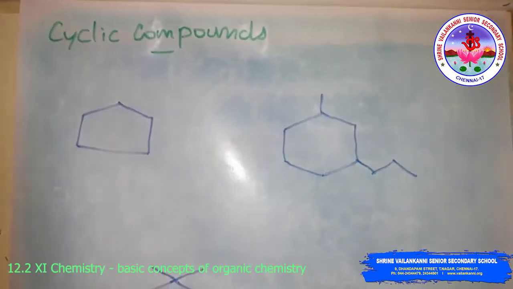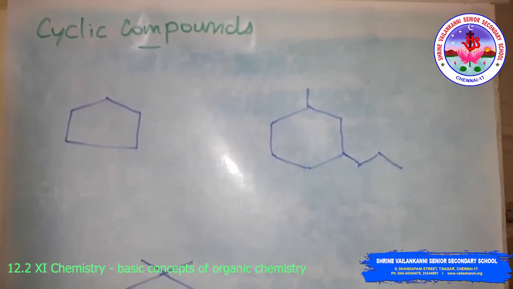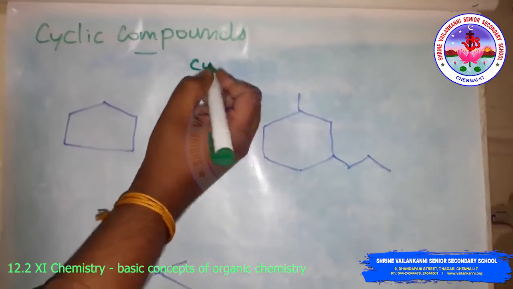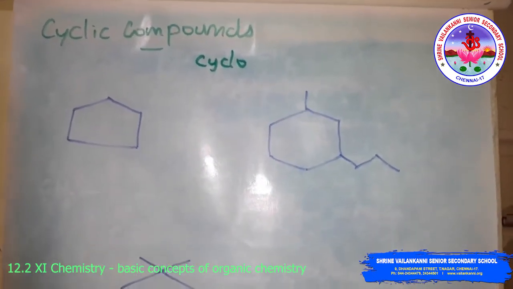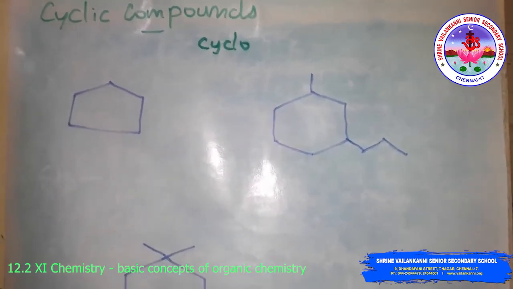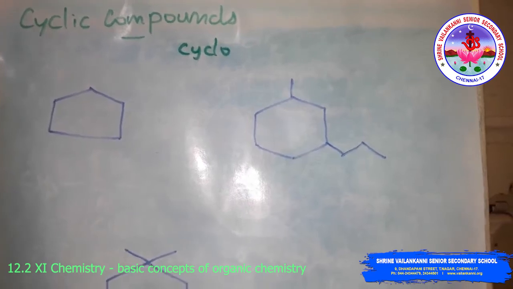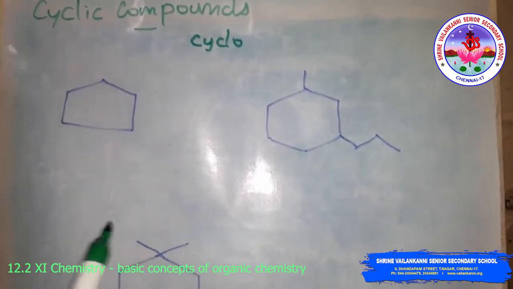In the cyclic compounds, the saturated monocyclic compounds are named by prefixing cyclo to the corresponding straight chain alkane. So you have to give that prefix cyclo. If side chains are present, then the rules already followed, you have to apply. Here are the names of some cyclic compounds.